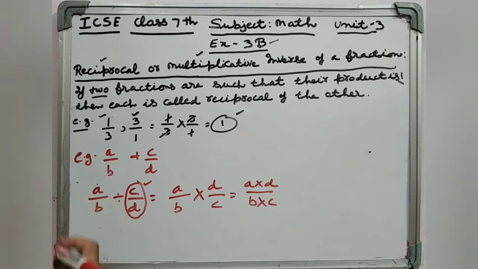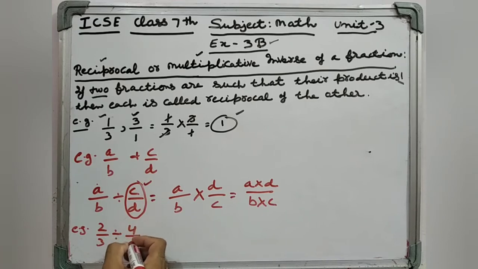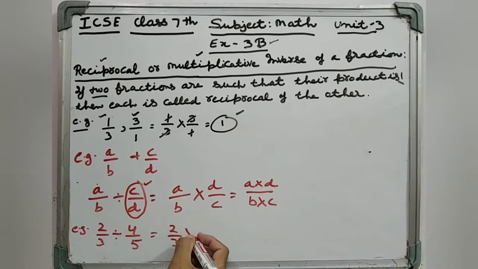In the numerical sense, if we want to divide 2 by 3 by 4 by 5, then the multiplicative inverse or reciprocal of the second is 5 upon 4.